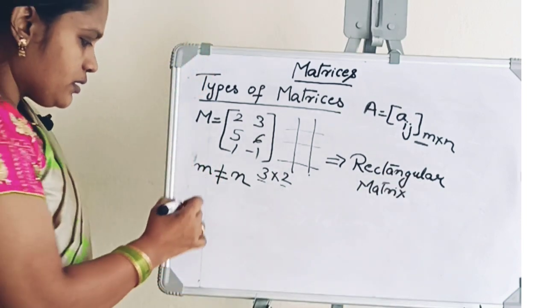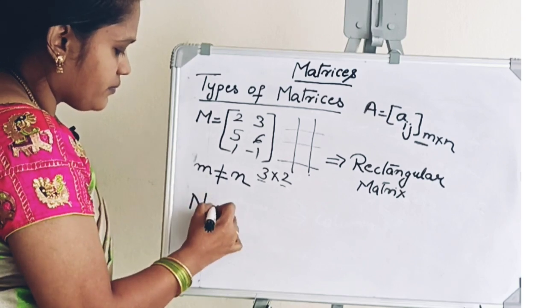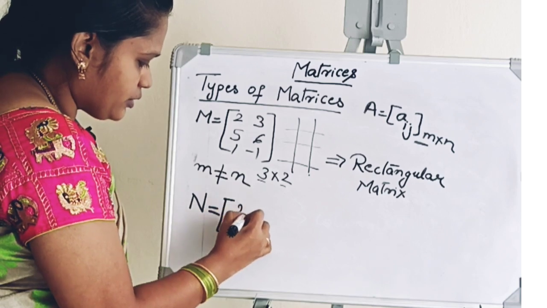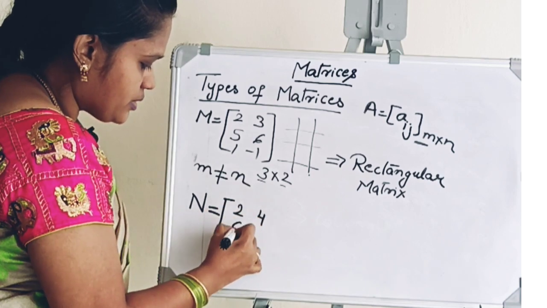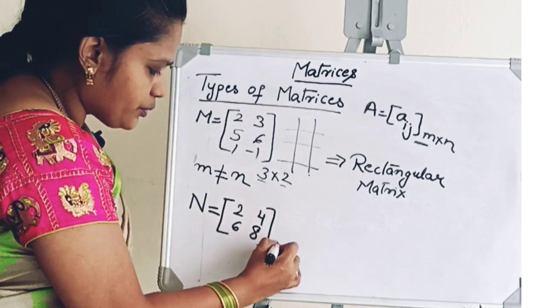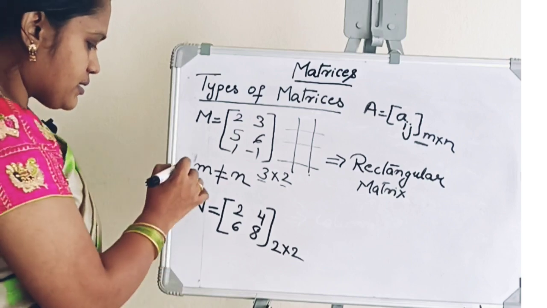Okay. Consider the same matrix with other example. I'll just write here 2, 4, 6 and 8. Here we have 2 rows and 2 columns. This is just an example, right?